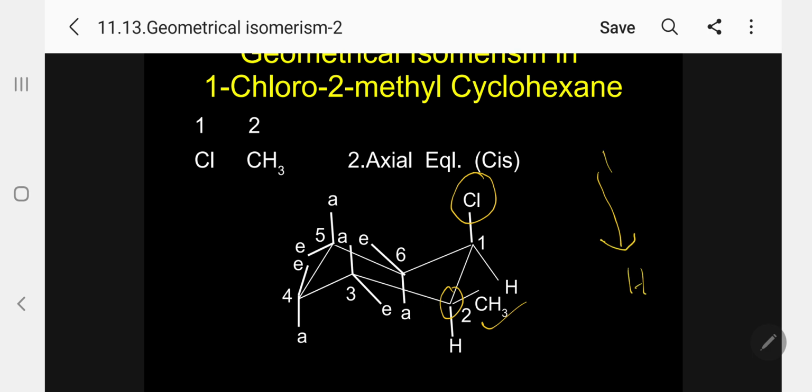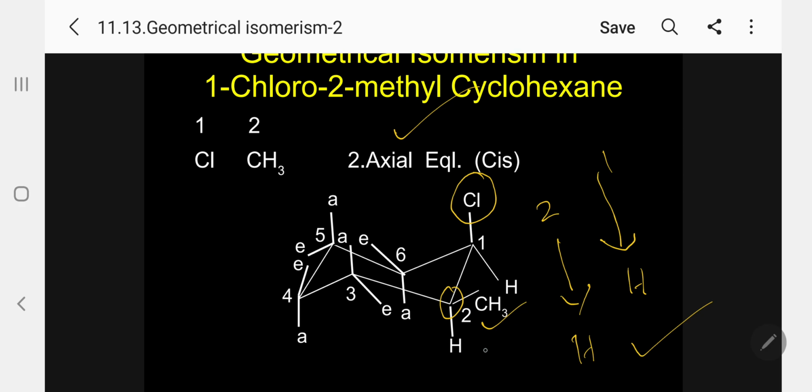In second is also below. That means we can say it is cis isomer. So, chlorine axial at 1 and methyl equatorial at 2, the isomer is called cis.